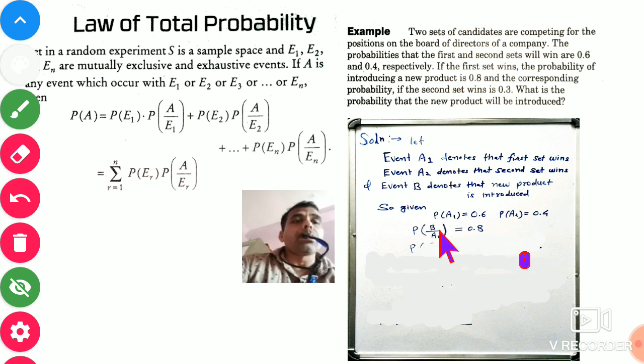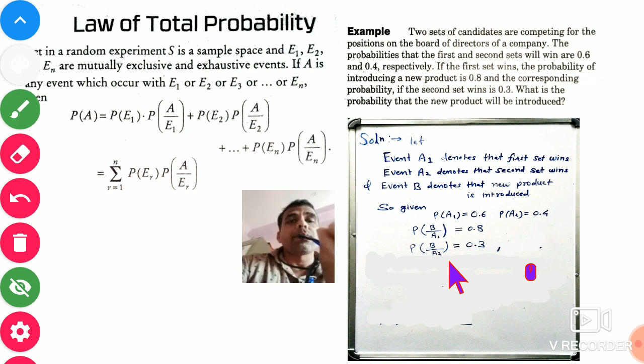Suppose A1 wins, the probability of the new product being introduced is the conditional probability, given as 0.8 in the question. And if the second set A2 wins, the probability that the new product is introduced is 0.3. This is B upon A2. Both are conditional probabilities.